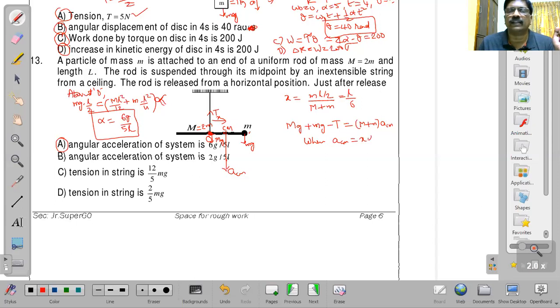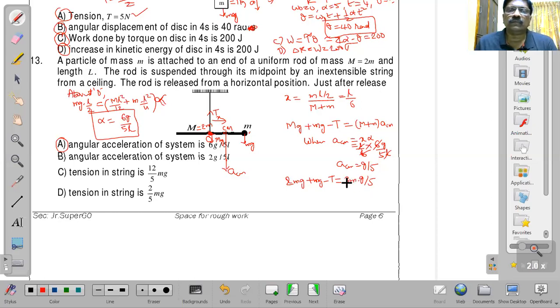R means x, into angular acceleration alpha. x is equal to L by 6, and angular acceleration we already got as 6g by 5L. L cancels, 6 cancels, so ACM is equal to g by 5. Now substitute: 2mg plus small mg minus T is equal to 2m plus m, 3m, into g by 5.